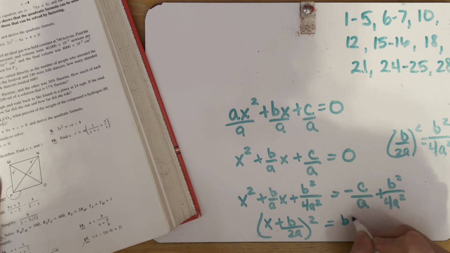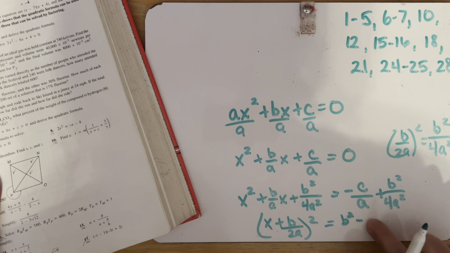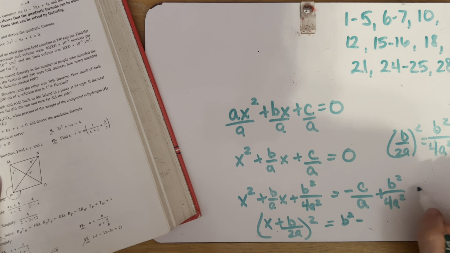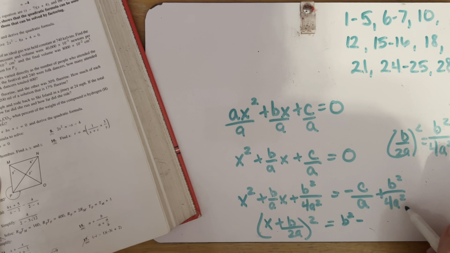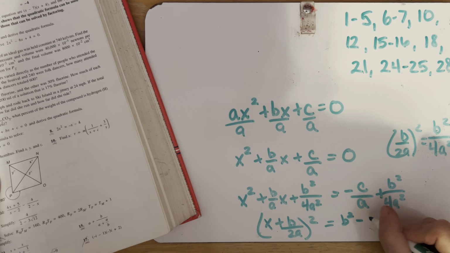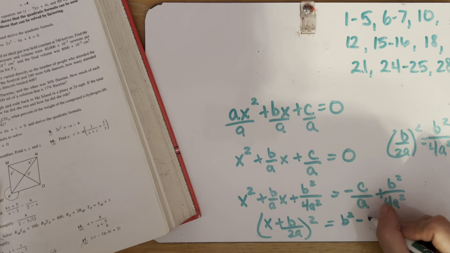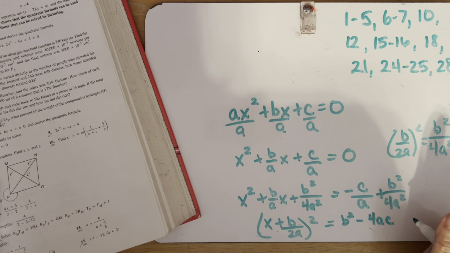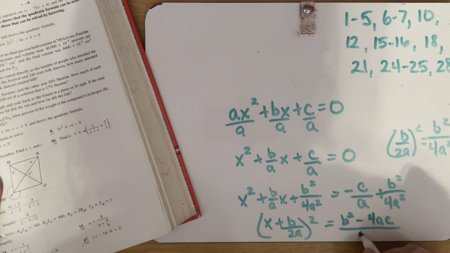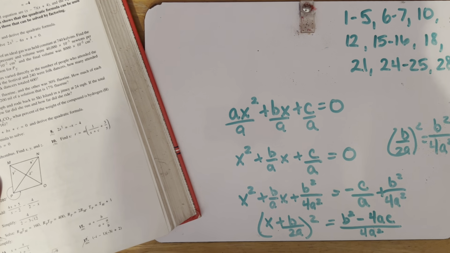So I flip-flop these around, b squared minus c, so I'm not starting with a negative. Sorry, b squared, oh, I have to deal with a common denominator. Okay, so the common denominator is 4a squared, so b squared minus 4ac over 4a squared. Am I cutting off? Okay, I'm running out of room here on my board.